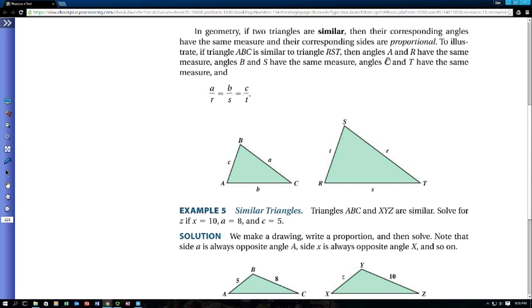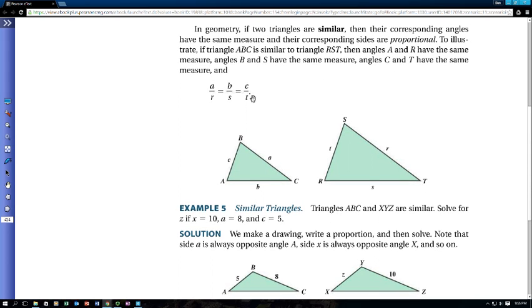Well, angle A, which is right here, and angle R, this angle, are the same because of similar triangles. And they go through all the corresponding angles here for B and S and C and T. Now also we can make a proportion of all the sides. In other words, I can make fractions of the corresponding sides, and they'll be equal to each other as long as I keep them in order.